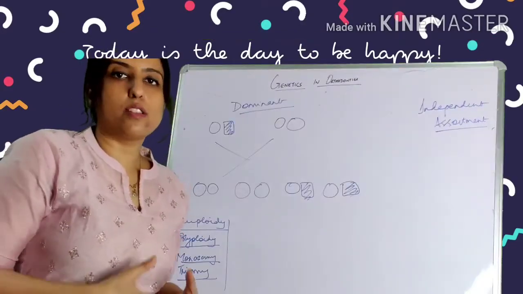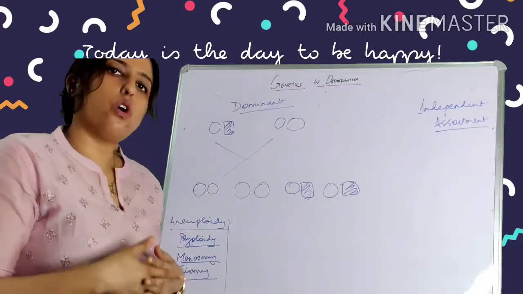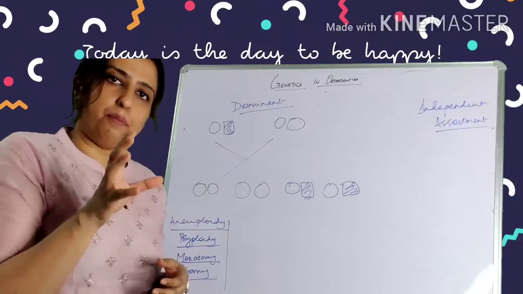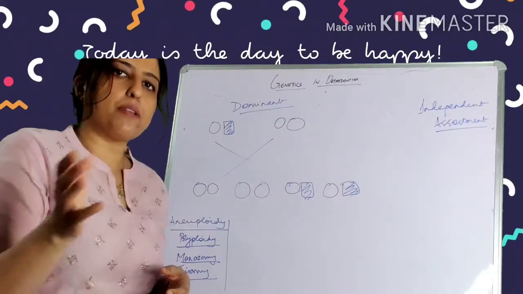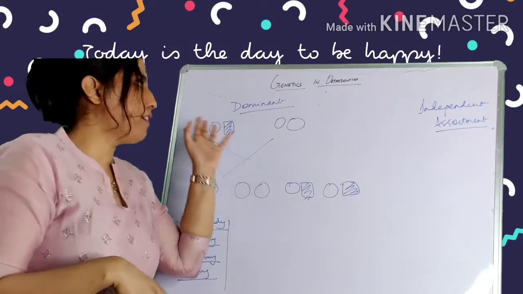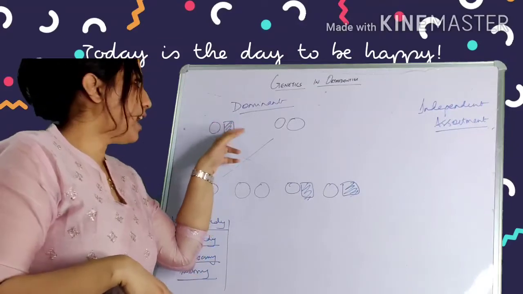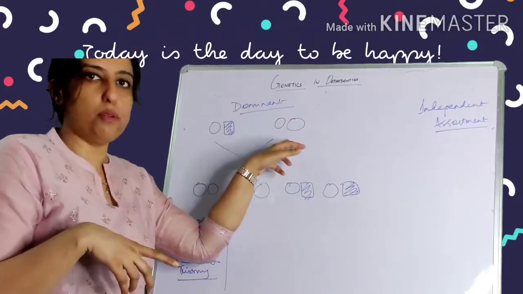So let's talk about some disorders: autosomal dominant and autosomal recessive. So autosomal dominant means that if one parent carries the affected gene on the chromosome, that is expressed in the offspring. So here, for example, we have an affected father which has an affected gene on one of the chromosomes, and there is a normal mother.